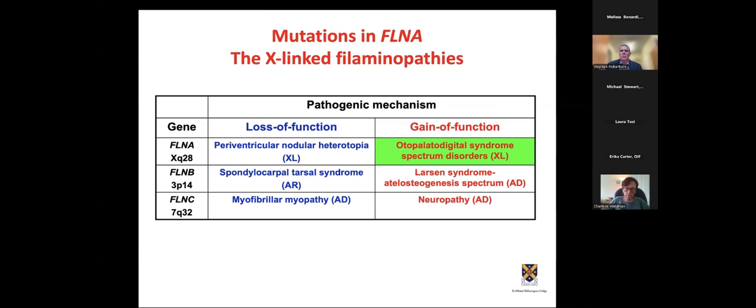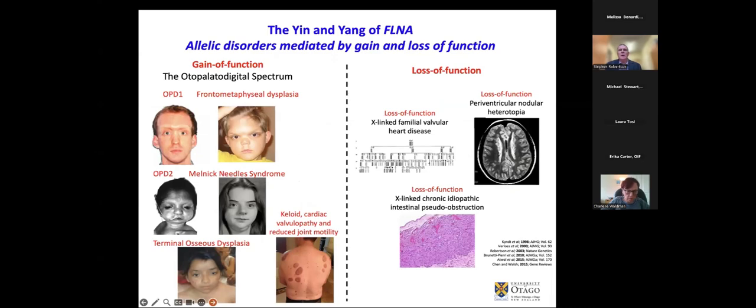I'm not going to talk about the loss of function disorders very much at all today, but they are quite phenotypically distinct from the skeletal disorders that are the focus of today's talk. On this slide, I try to demonstrate that dichotomy, that the loss of function disorders are predominantly neuronal or neuromuscular.